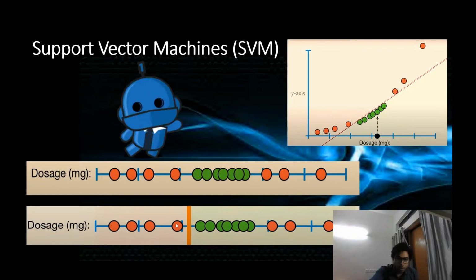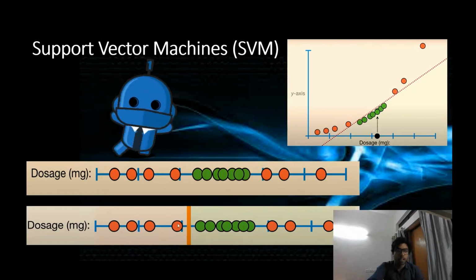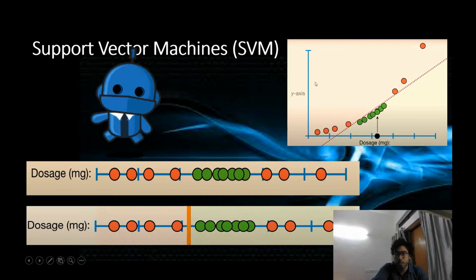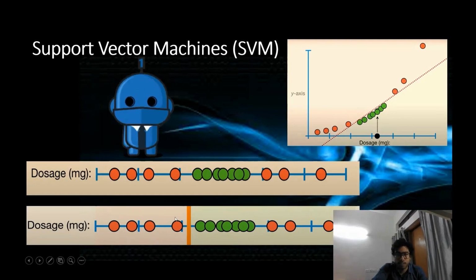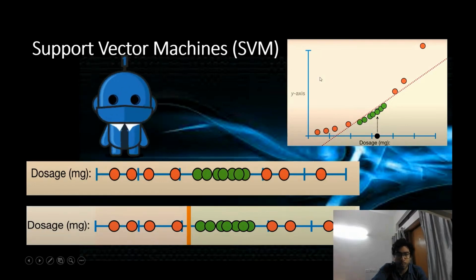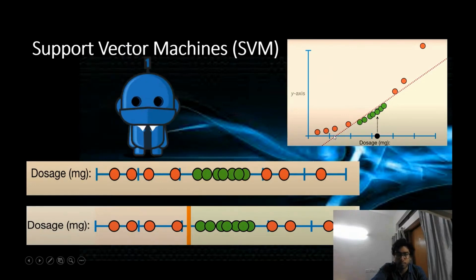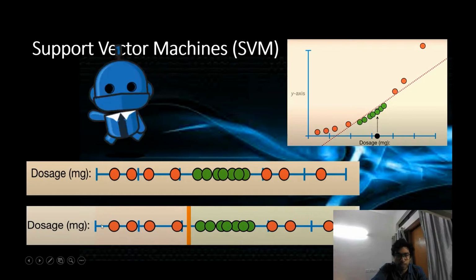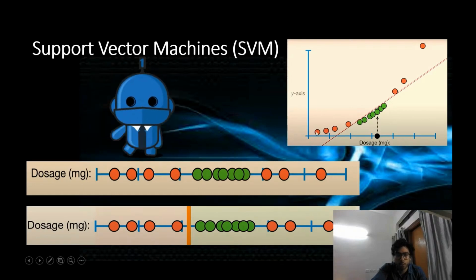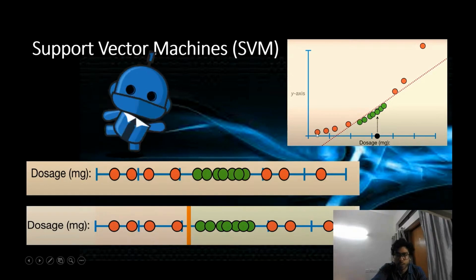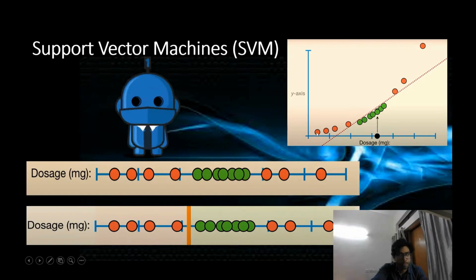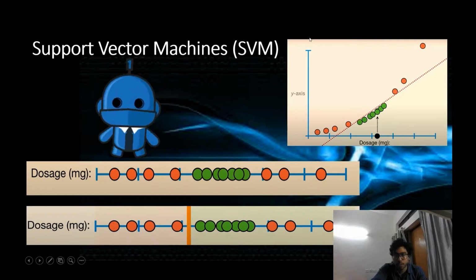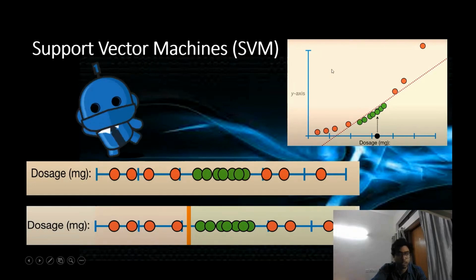So how to do it? Let's look at this picture now. Let's take all the points and square them. You take the dosage of this point, say the dosage in mg is 2. You square it, 2 squared is 4, and you plot it in this xy plane, which is a 2D plane.